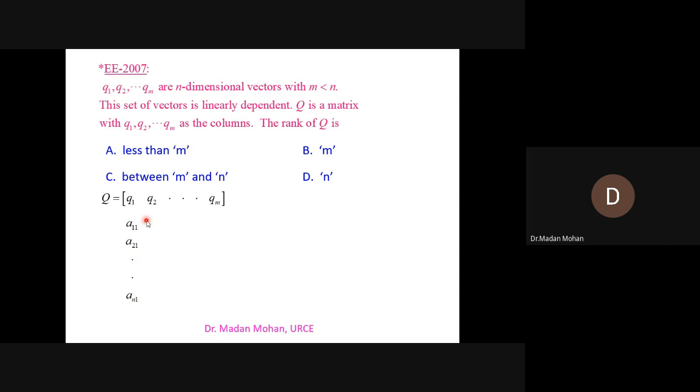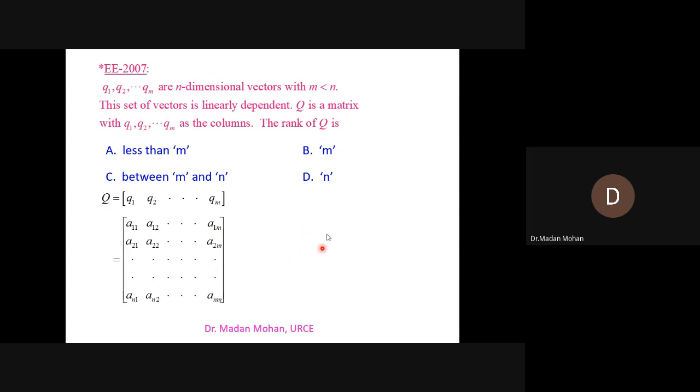Similarly, Q2, again an n-dimensional vector, n numbers. And so on. Qm, an n-dimensional vector. Qnm you will get. Okay? These are the columns. Now this is your Q. This is your Q. Please, I finished this.